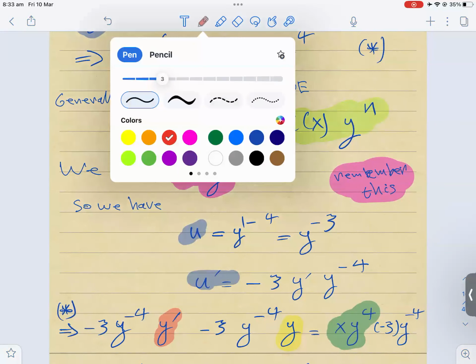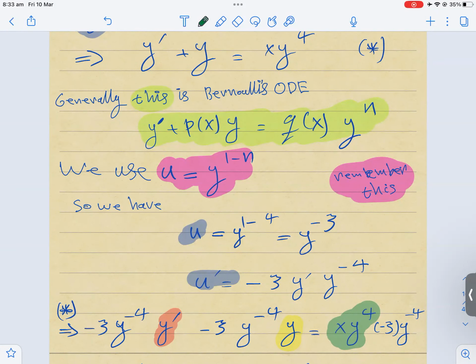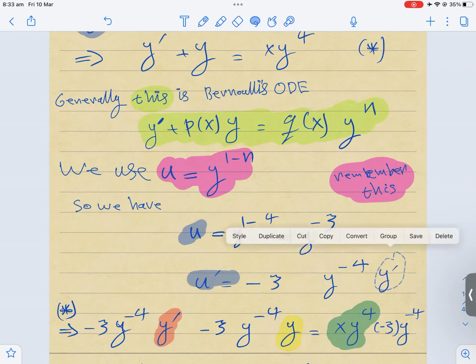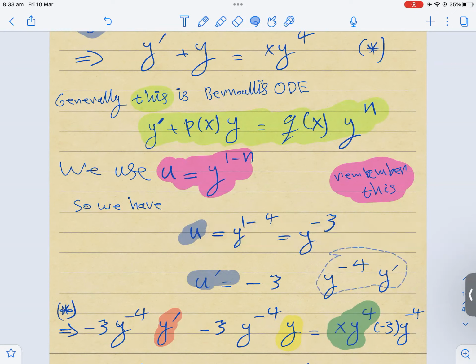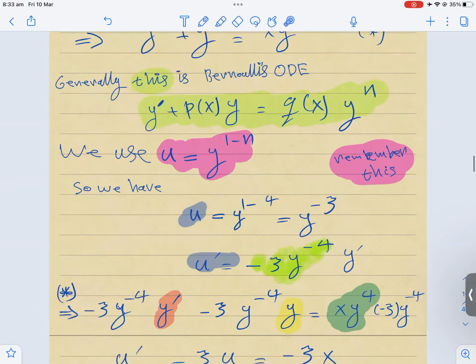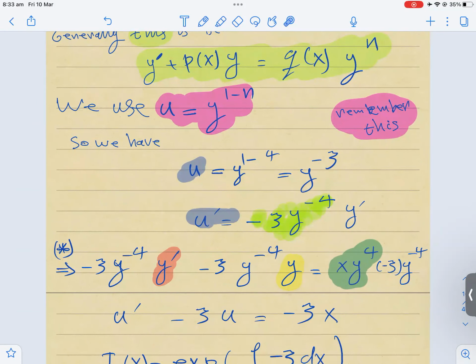So this part, you see, y prime has been multiplied by this green highlight, minus 3 times y to the minus 4.